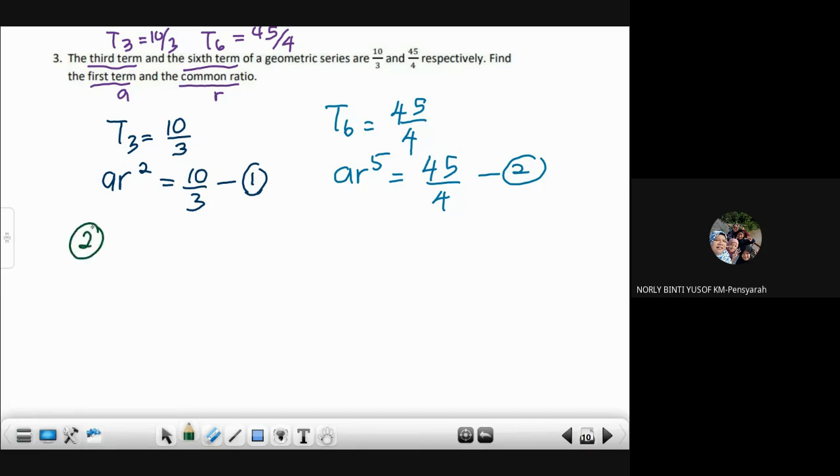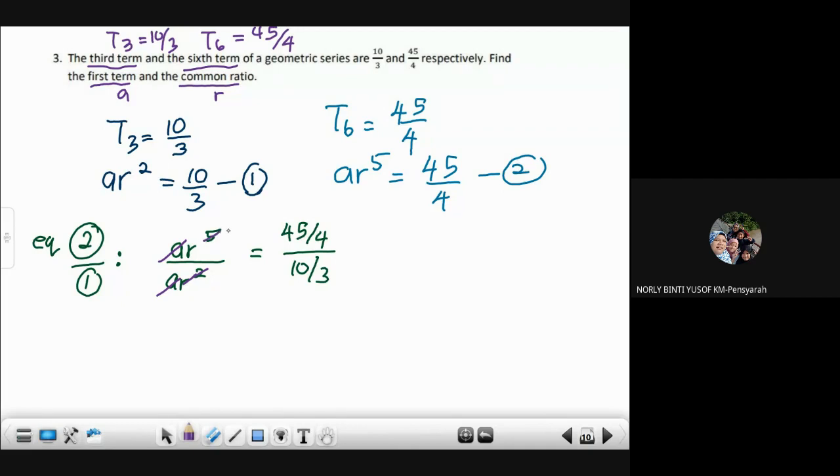So 2, equation 2 divide by equation 1. Ni divide kalau per tu maksudnya divide lah. So AR power of 5 divide by AR power of 2 equivalents to 45/4 divide by 10/3. Put in fraction. Dan kita akan eliminate. A finish. This one habis.